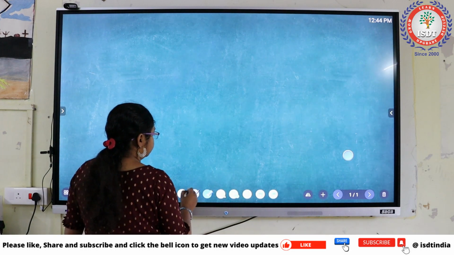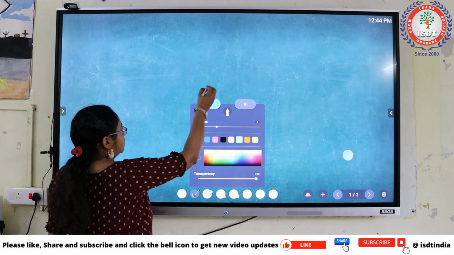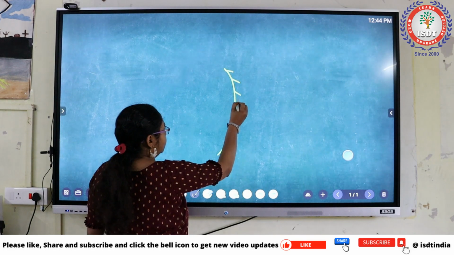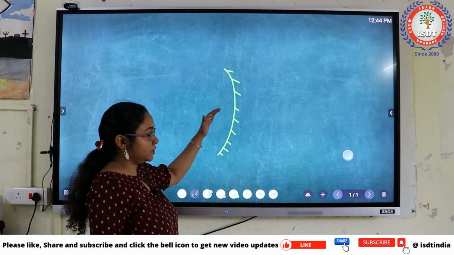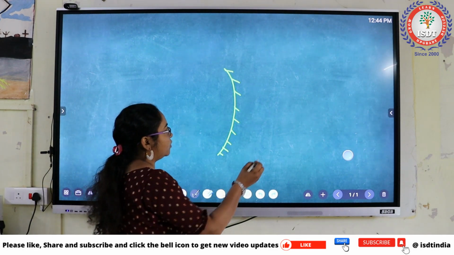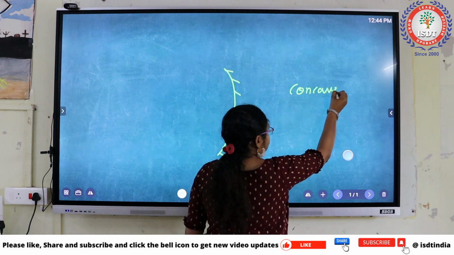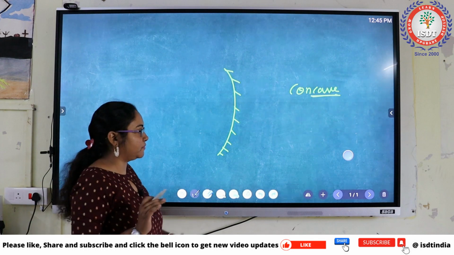Suppose we are doing this. So this is your mirror. I have told you already, inside it is reflecting, so it is concave. The name only suggests it: cave means inside.